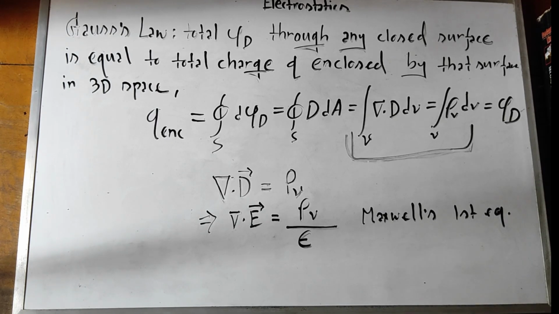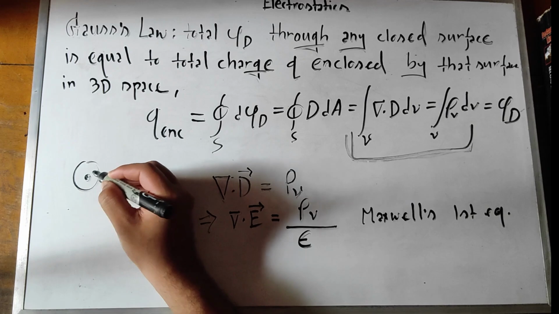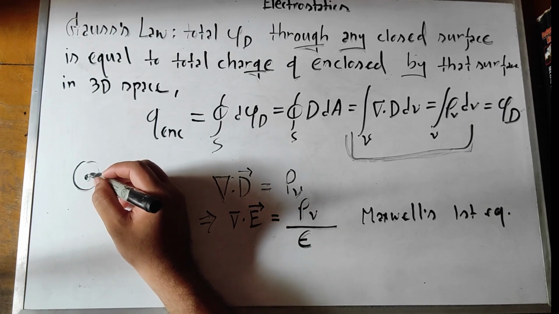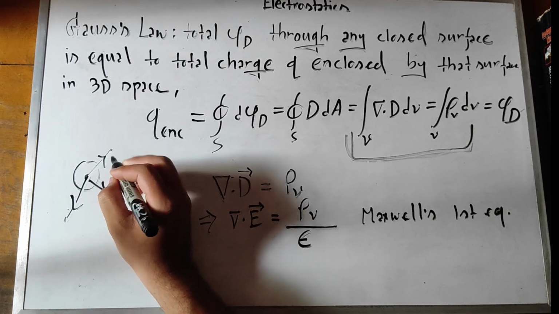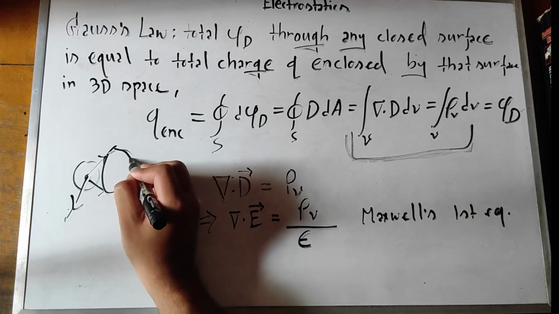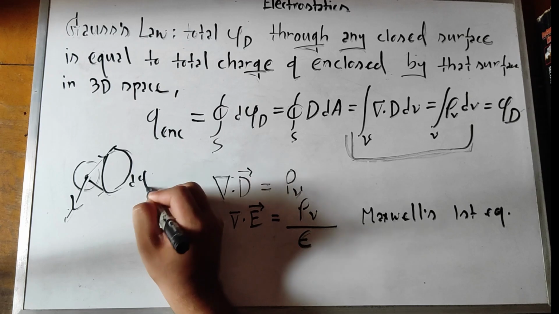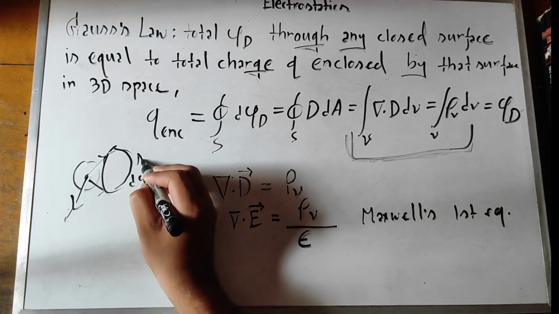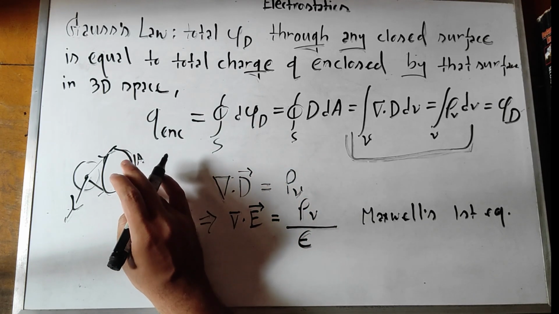Now that I have talked about Gauss's law, if you say that this point from which charge is condensed is diverging, so this divergence along this closed surface, say this is d phi, and in this closed surface say A, so dA.